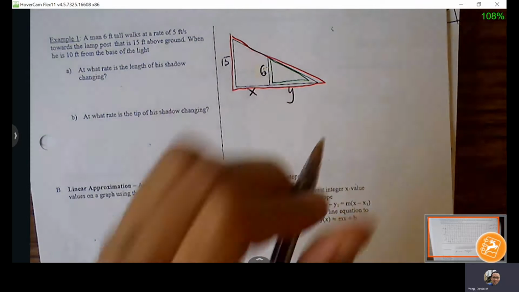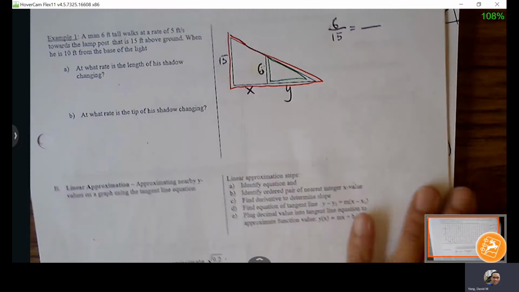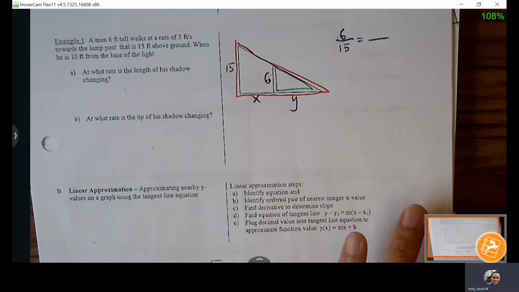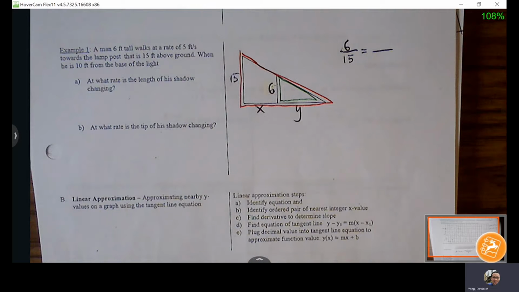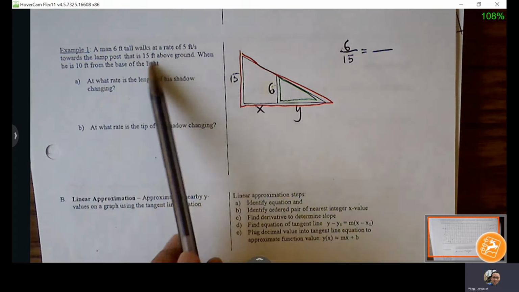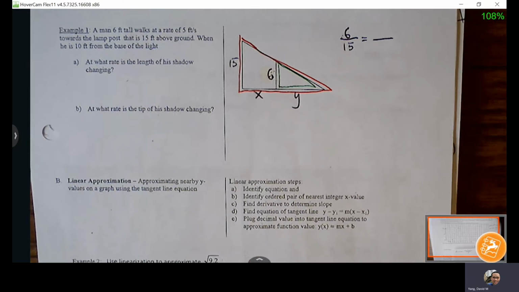Small height is to the big height as small base is to the big base. We're not going to deal with numbers yet, we're just dealing with x and y. So how would you write it? 6 over 15.